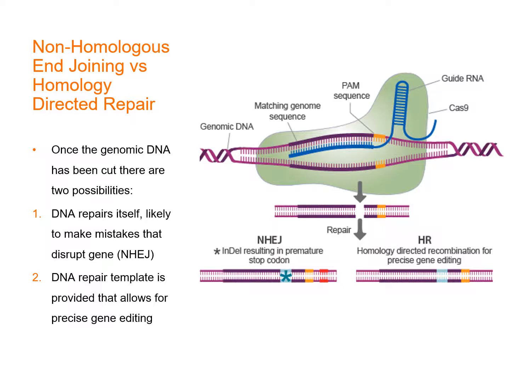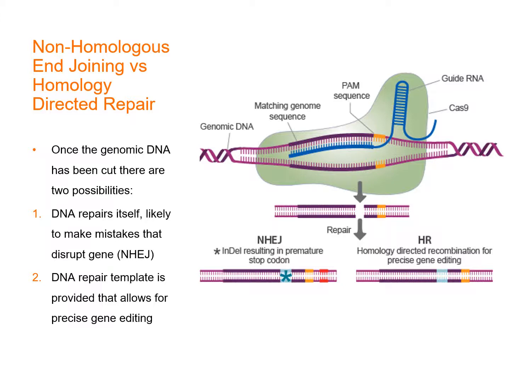If it does, let's say, a flawed job of repair, you will end up with something called indels. In stands for insertion and del stands for deletion. So at this site of the double-stranded break, it is very possible that we would get a DNA base or several DNA bases inserted or several DNA bases deleted.